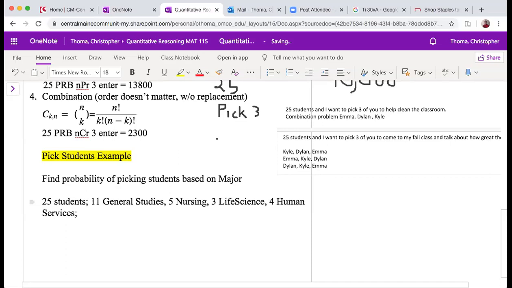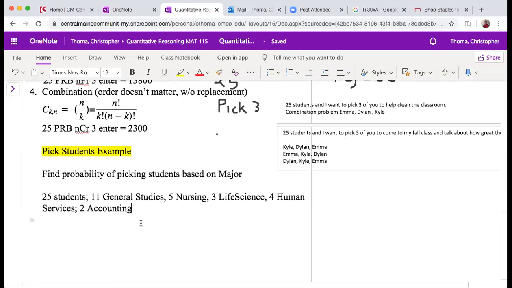And Emma, you're accounting, right? Yes. So does that equal 25? 11, 16, 19, 23, 24, one more, 25. We'll do 2 accounting. So there is our breakdown of students.